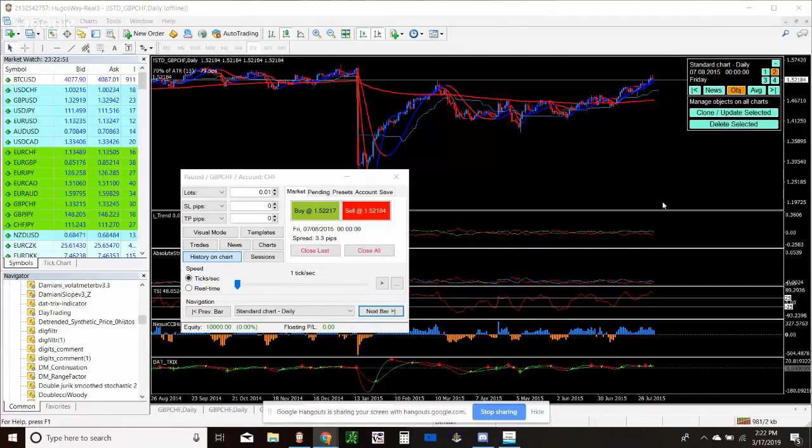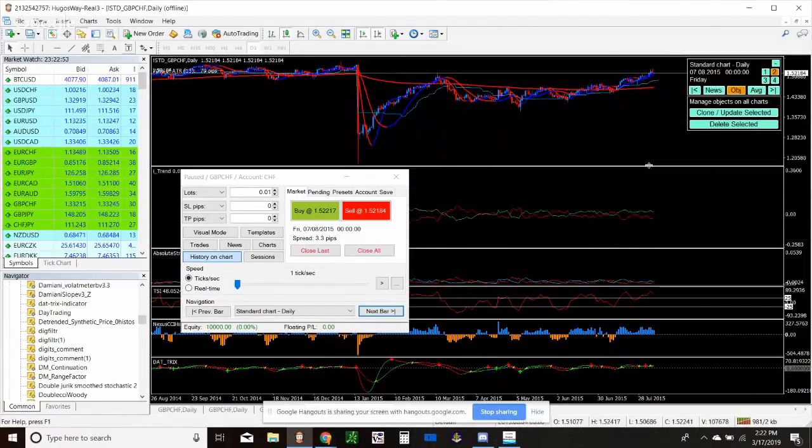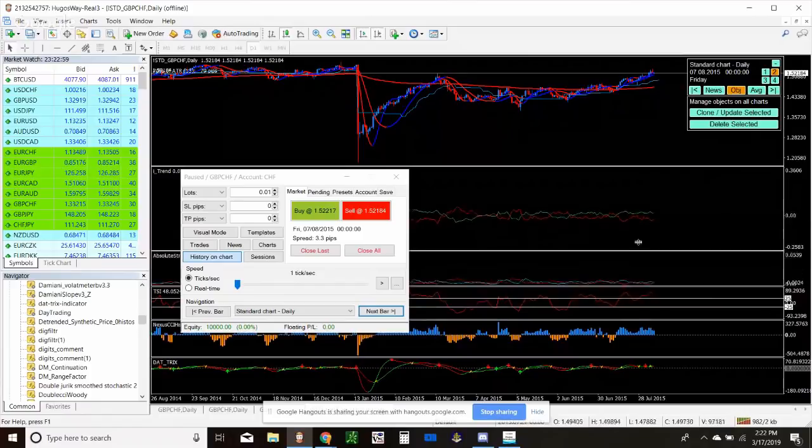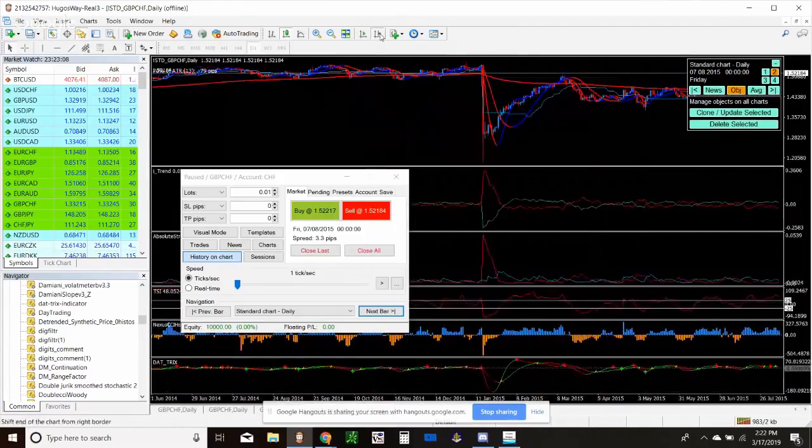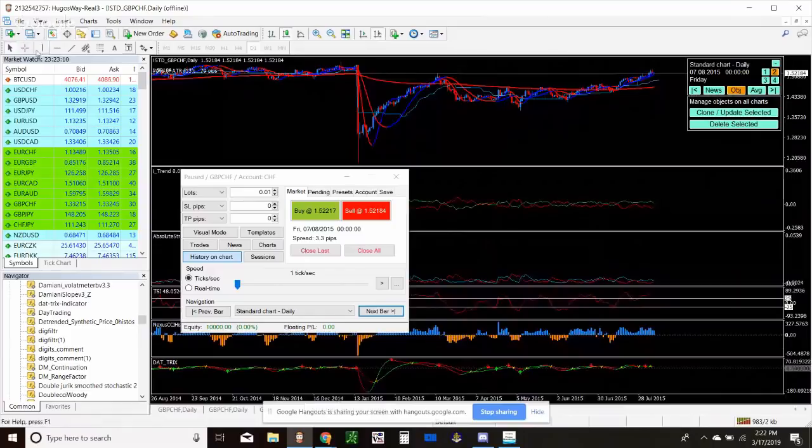Okay, so the first thing I look for is I look at all of these indicators and I just start looking at the chart with my crosshairs pulled up here. Those are so small. So I pull up my crosshairs and look at the chart where I would normally want to get in on a trade.